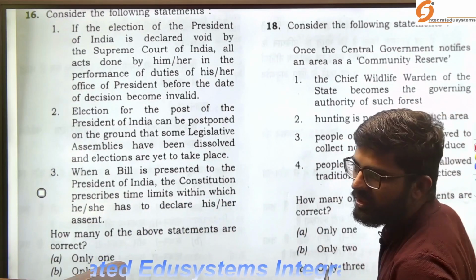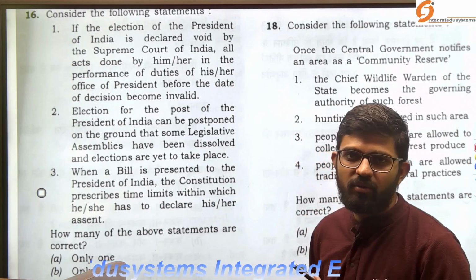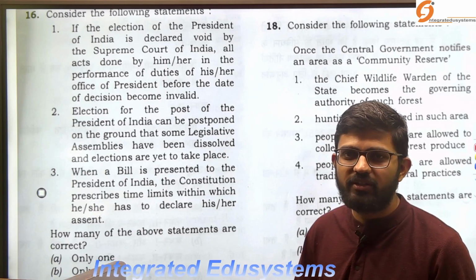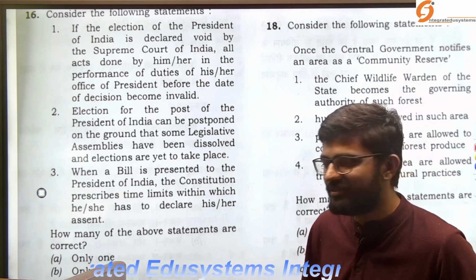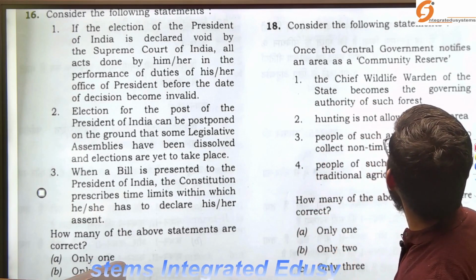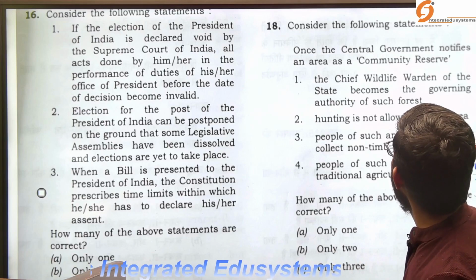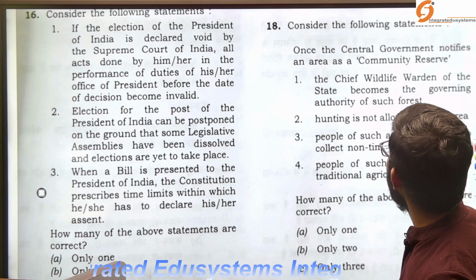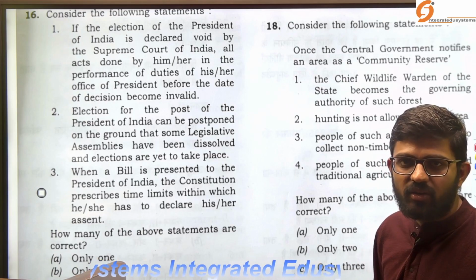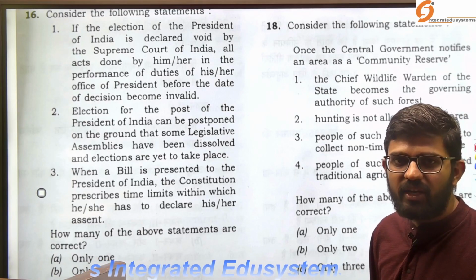See, it was one of the most challenging questions with respect to the act, because we study community reserve but we don't understand what is the authority which is governing. So question number 18, consider the following statement. Once a central government notifies an area as a community reserve, what is a community reserve? Central government and even state government can declare a community reserve.